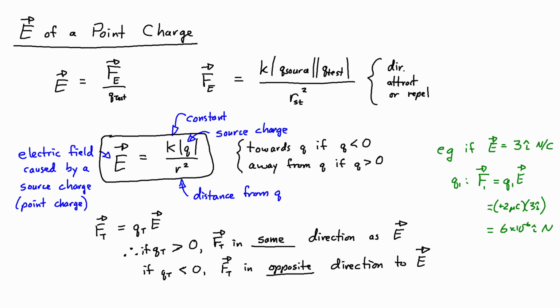So that's 2 times 3 times the micro, which is 10 to the negative 6, and that would be Q times E.